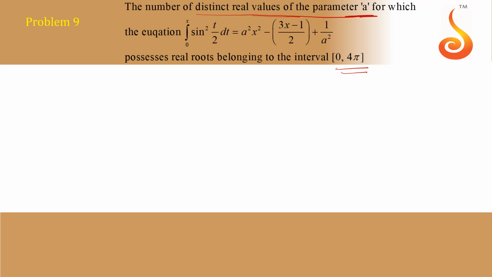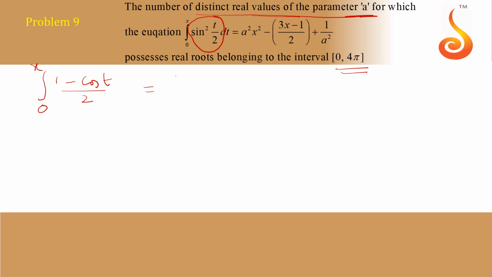That is the question. So first, if you do the definite integration of sine squared t by 2, you can write 1 by 2 into 2 sine squared t by 2, which is integration of 1 minus cos t by 2, from 0 to x.